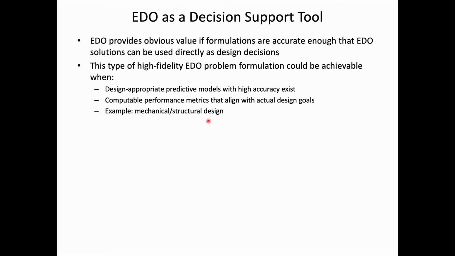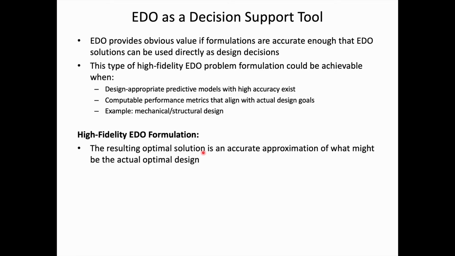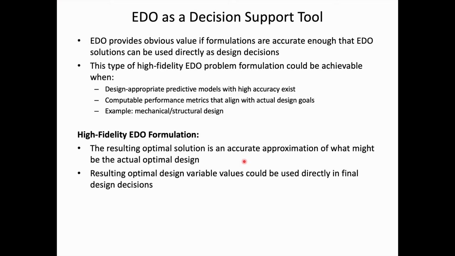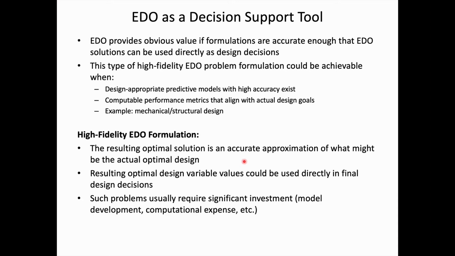relying on data-driven models. A high-fidelity engineering design optimization formulation is one where the resulting optimal solution is an accurate approximation of what might be the actual optimal design. The resulting optimal design variable values could be used directly in final design decisions.